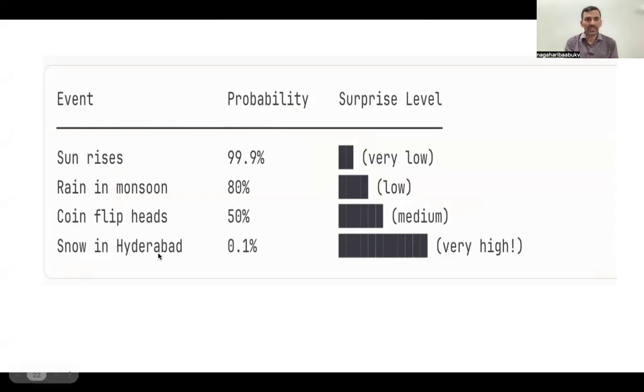Rain may happen in monsoon, and it is 80% probability, so your surprise is low. In case of a coin, it is 50%. When somebody says it might snow in Hyderabad, maybe during summer, the probability is less and the surprise level is going to be high if that event takes place.